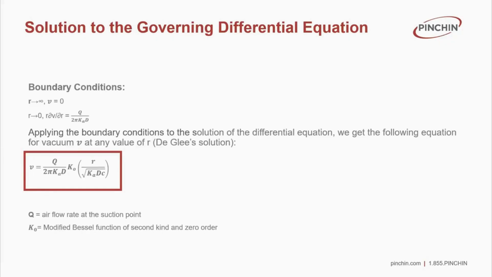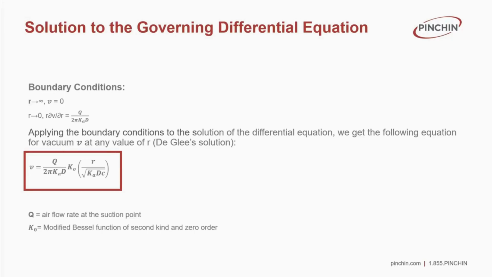Actually, Digley, in the field of groundwater, has come up with a solution to that form of equation, and that's what I have adapted here. As you go further away from the vent riser, at some point the induced vacuum will go to zero.